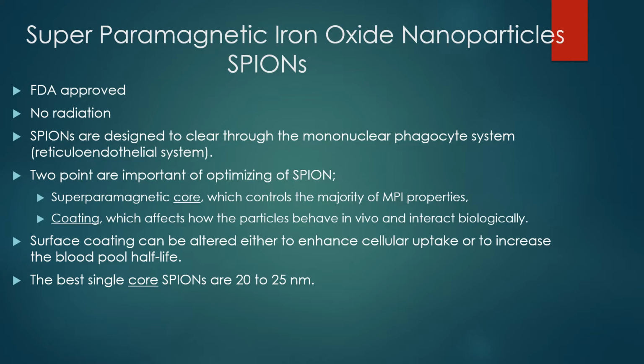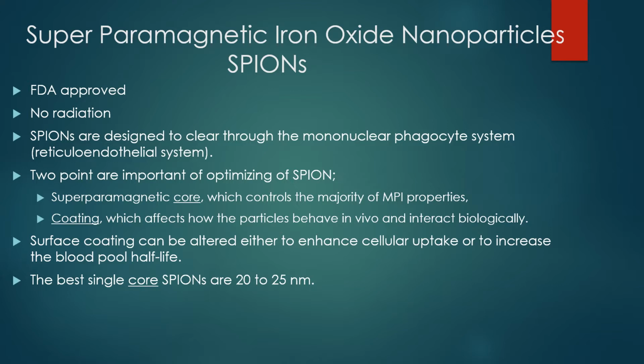And also these nanoparticles are designed to clear through the reticuloendothelial system. So it shows we don't need to worry about that, and also it has good features for patients who have kidney disease.